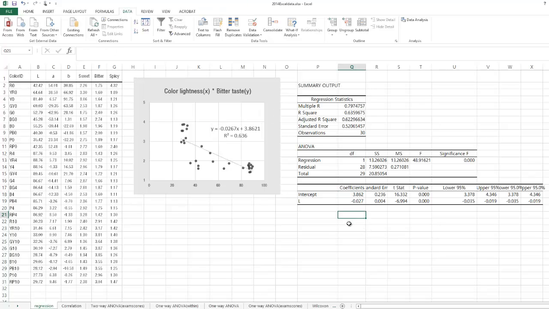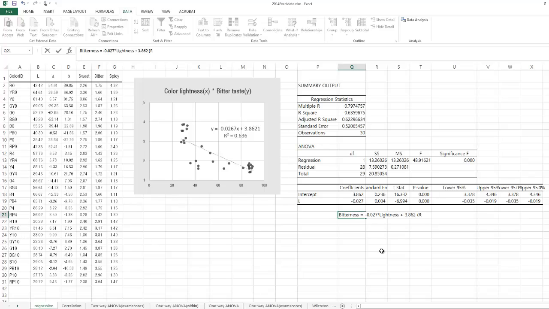So based on this table, we can write y equals, or bitterness equals, the coefficient for the lightness, minus 0.027, multiplied by lightness, and then intercept, this is a positive value, plus 3.862.